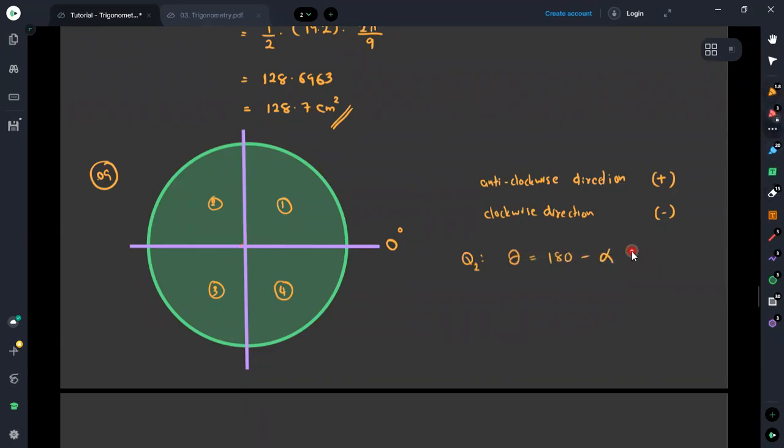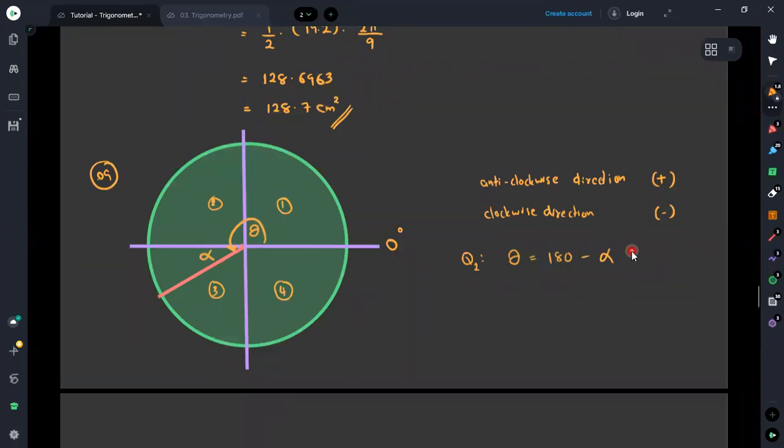Now suppose you have obtained the angle in the third quadrant, where we measure the angle theta from 0. The associate acute angle can be considered as alpha, and theta can now be obtained as 180 degrees plus alpha.